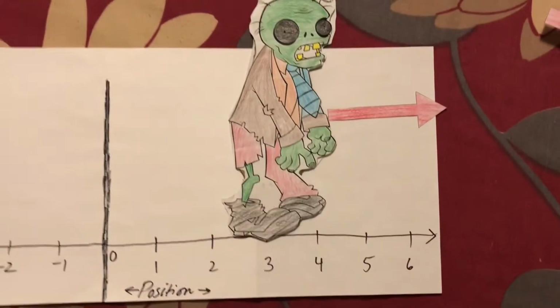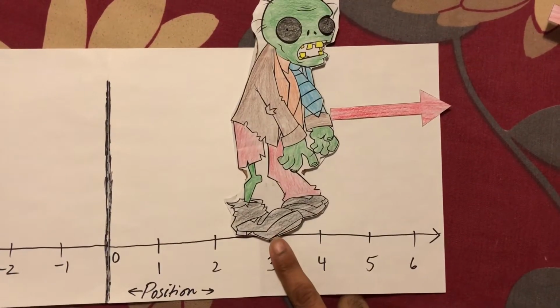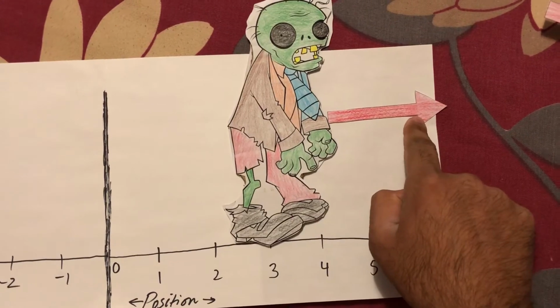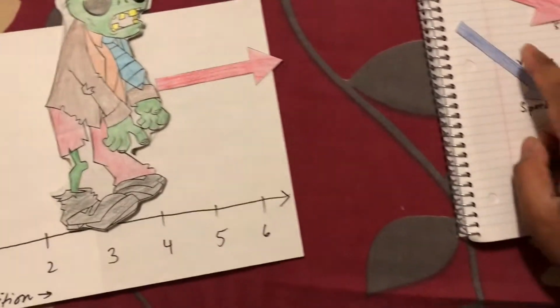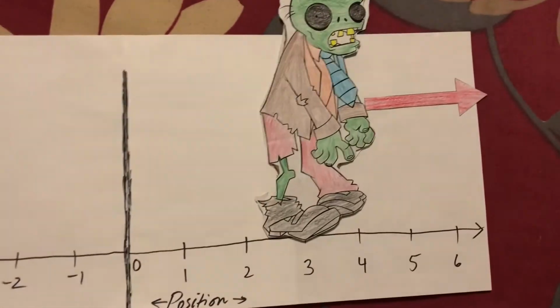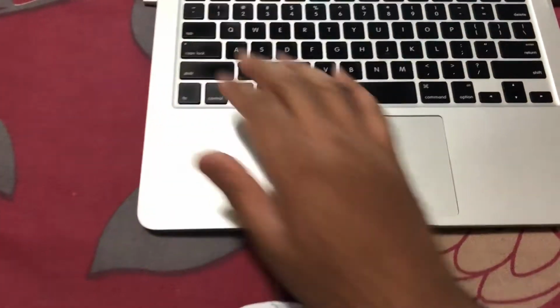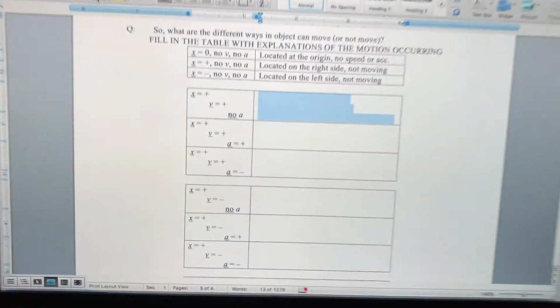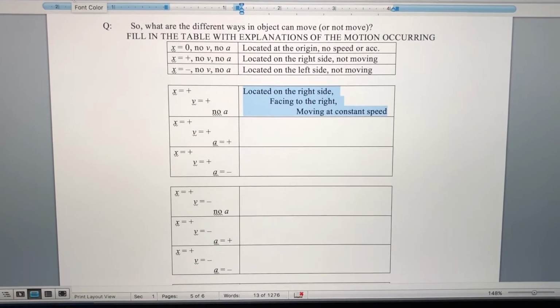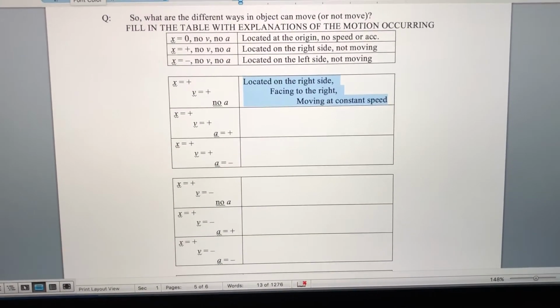Just looking at this, first thing, it's on the right side, it's facing to the right, but since there is no acceleration arrow, it's not going to be getting faster or slower. Meaning your answer for this one is located on the right side, facing to the right, but you're moving at constant speed.